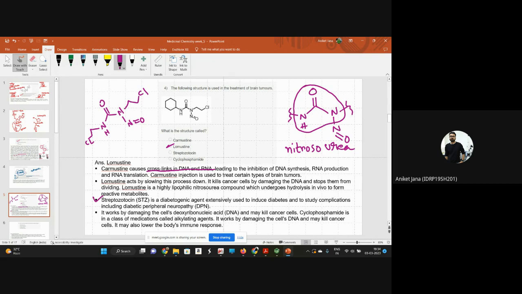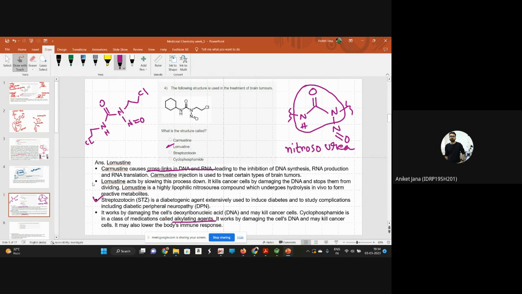And the last one is cyclophosphamide. It works by damaging the cell's DNA and may kill cancer cells. It is in a class of medications called alkylating agents. It may also lower the body's immune response. So this is the working principle of cyclophosphamide.